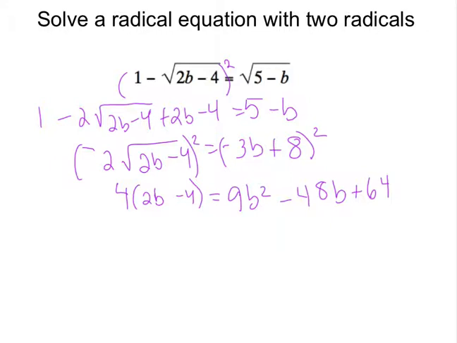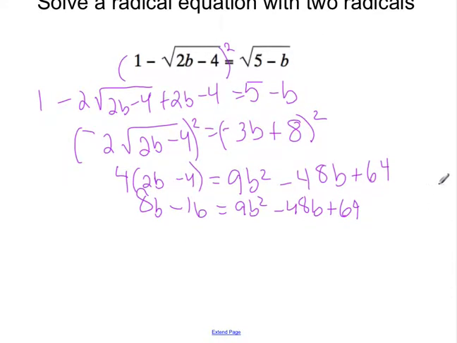Now I am going to set this equal to 0 and hope that I can factor it. That gives me 8b minus 16 equals 9b squared minus 48b plus 64.